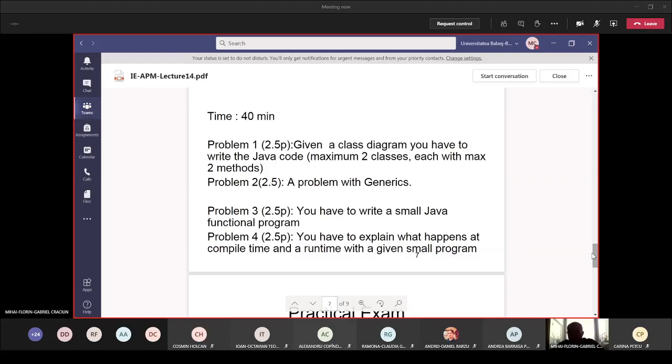In problem 3, you have to write a small Java functional program, similar to what we have discussed. And for the 4th problem, I'm going to give you a small Java program, and you have to explain what happens at compile time and at runtime.